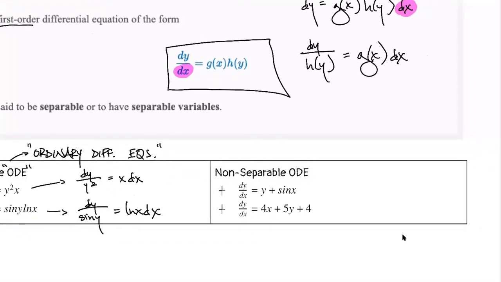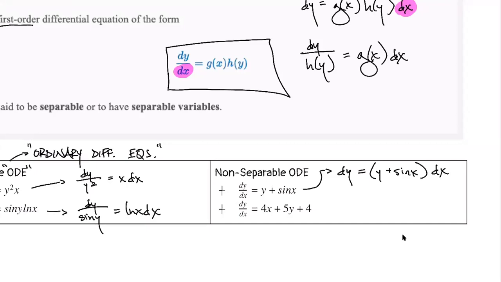Now, let's take a look at some non-separable ones, though, because as important as it is to say, here's a technique, this works in these cases, I think it's important for us to look at cases where it's not going to work and think about why it's not going to work, okay? So in this first one over here, dy/dx equals y plus sine x. If we employ the same strategy that we've tried for all the other problems so far, we would get dy equals (y plus sine x) dx.